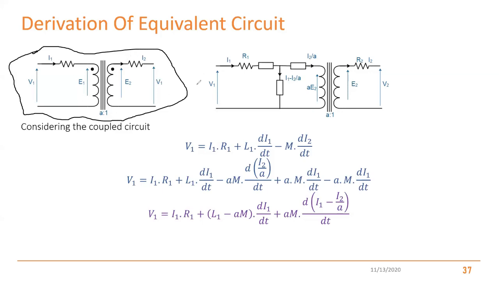You can use those coupled mutual equations and obtain an uncoupled circuit like this. That is what getting the equivalent circuit means: we have to uncouple the two windings in order to obtain this. That can be done like this.